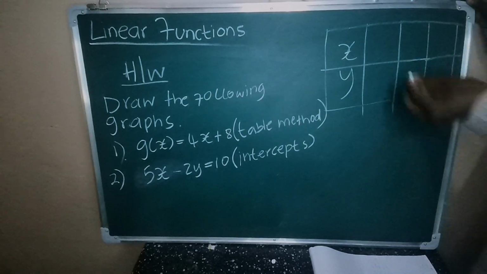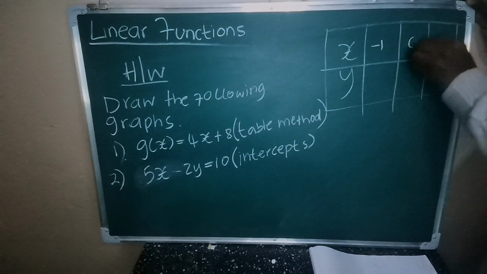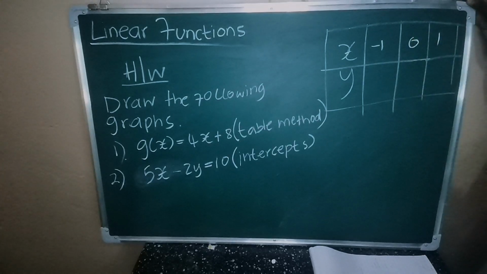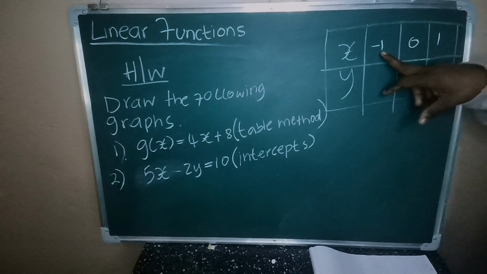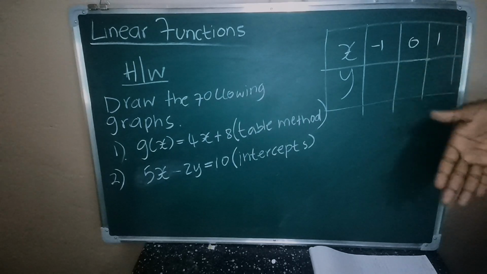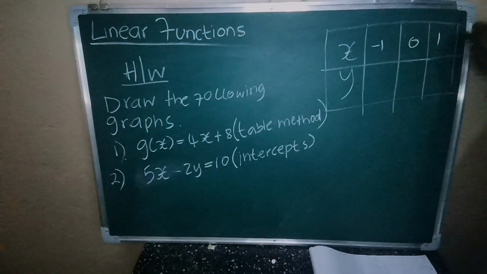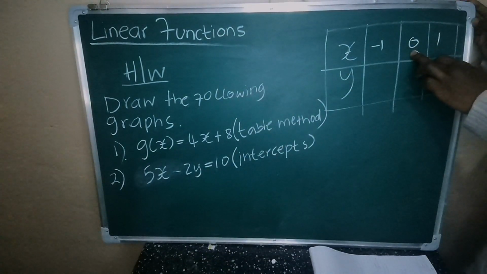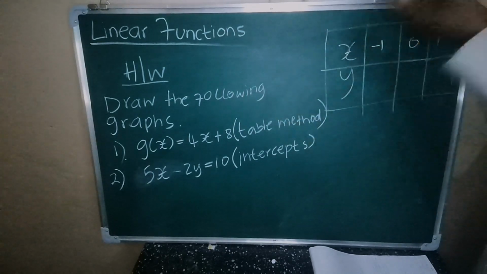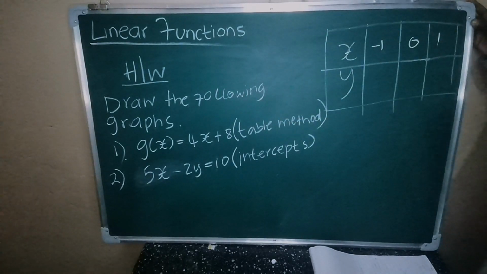So you put negative 1, 0, and 1. Or go negative 2, negative 1, 0, 1, 2. Or go negative 5, negative 4, negative 3, negative 2, negative 1, 0, 1, 2, 3, 4, 5.